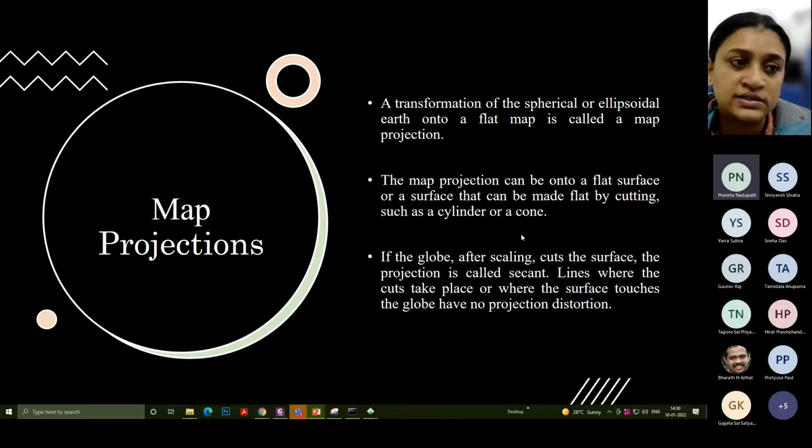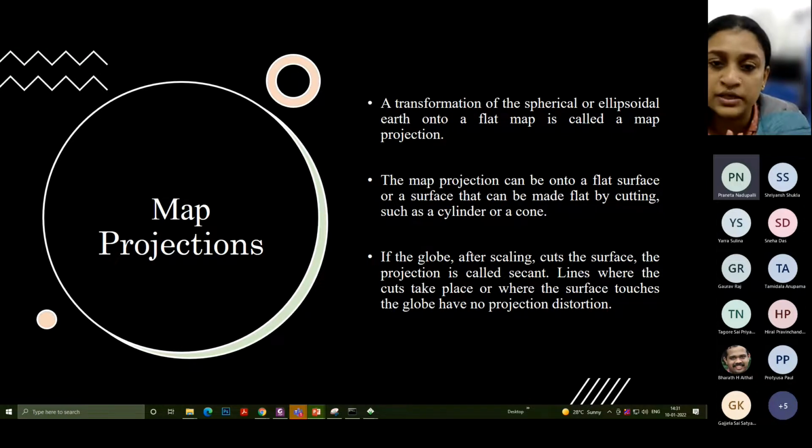We will see how maps have been developed by understanding how the map can be represented using a cylinder or a conical shape. If the globe, after scaling, cuts the surface, that projection is called a secant. Wherever the surface touches, there is no projection distortion.